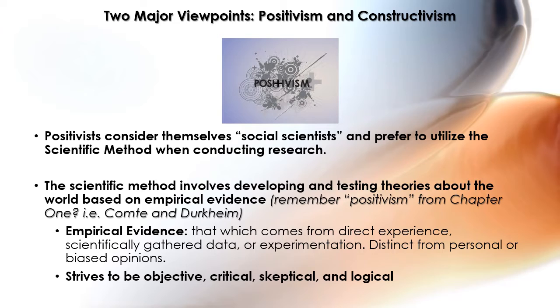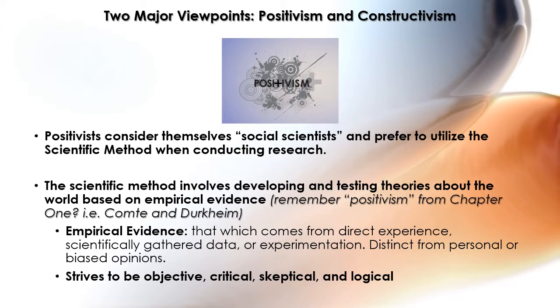So the scientific method, remember, is associated with positivism. Positivists were trying to, again, kind of introduce sociology as a social science, emphasis on the science. So they would utilize the scientific method, develop hypotheses, and test theories based on what we call empirical evidence.